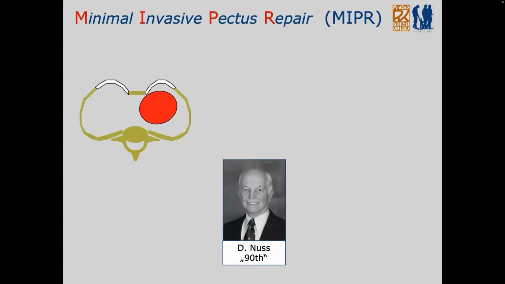Now I come to the technique of the minimally invasive pectus repair. Here you see the principles of this modern funnel chest correction described by Donald Nuss in the so-called minimally invasive pectus repair.